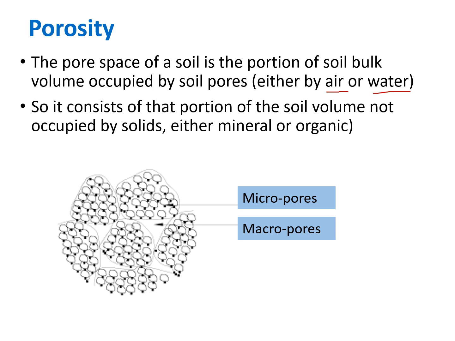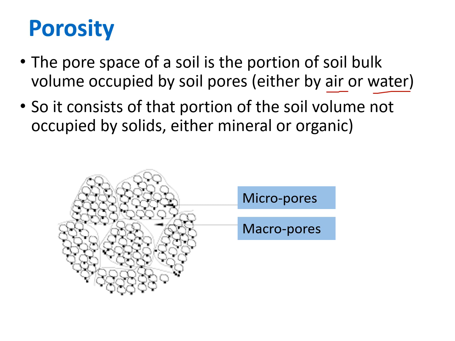Whenever you take one clod of soil, you will have soil solids, and you will also have some air and some water content in that clod. So the space occupied by water or air is the porosity.